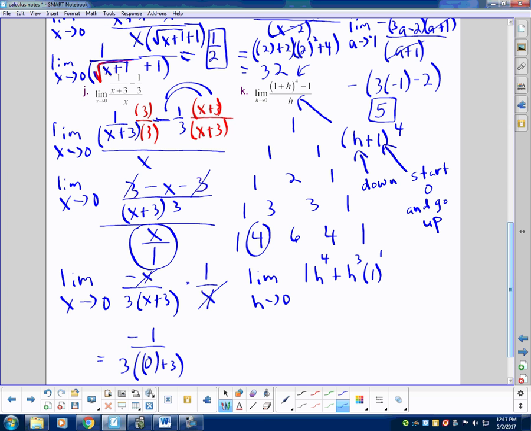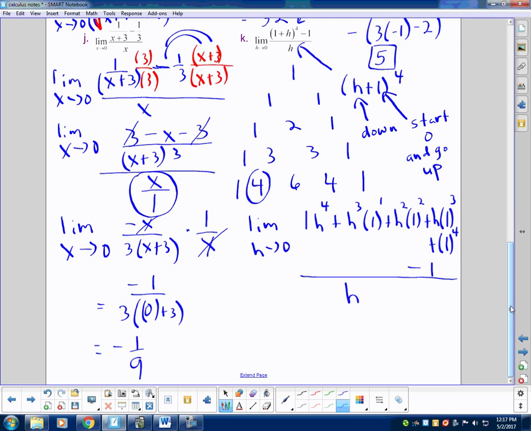And we have plus h squared 1 to the 2nd plus h 1 to the 3rd plus 1 to the 4th. And then we have minus 1 because of the minus 1 up here on the top. So that's all over h.